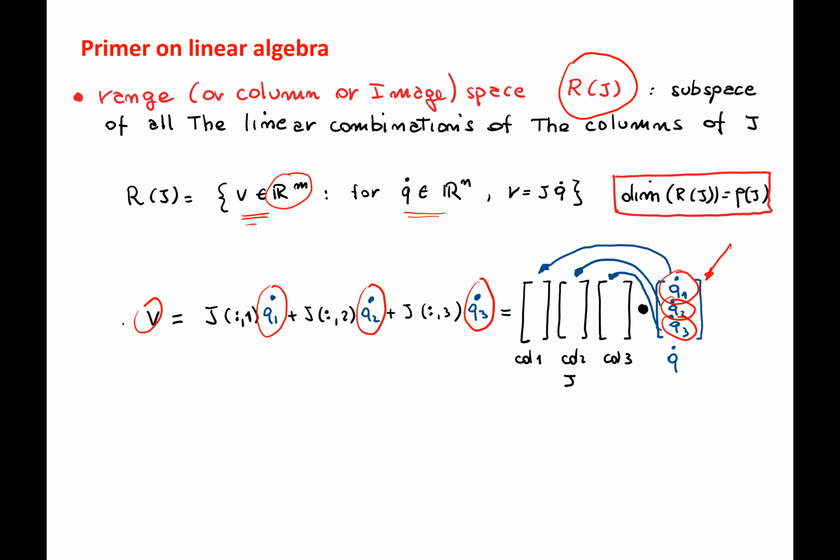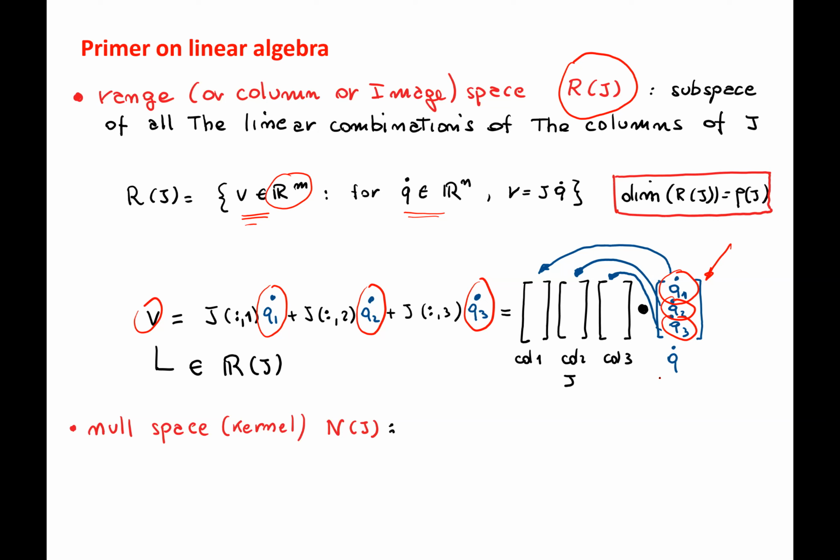So the end effector velocity is a linear combination of the columns of the Jacobian. And this represents the range space, in essence the velocities that are realizable, that we can realize with the motion of the joints.